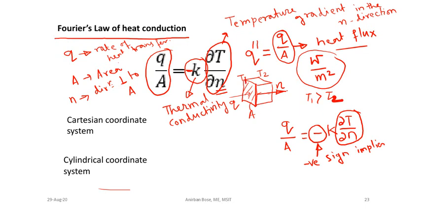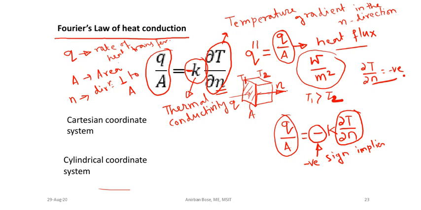Suppose T1 has to be higher and T2 has to be lower, so del T del n is definitely a negative quantity. If heat has to be transferred in the n direction, then along that n direction the temperature will gradually decrease, so the temperature gradient in the positive n direction will definitely be negative. To make this heat flux positive in that direction, this extra negative sign is required. Because del T del n itself is a negative quantity, multiplied with this negative sign it ultimately becomes positive. So Q by A is a positive heat flux in the positive n direction.